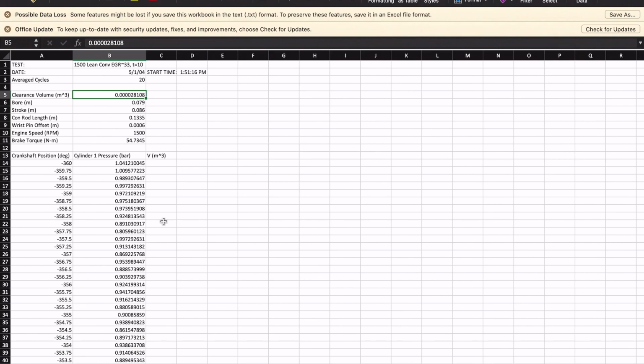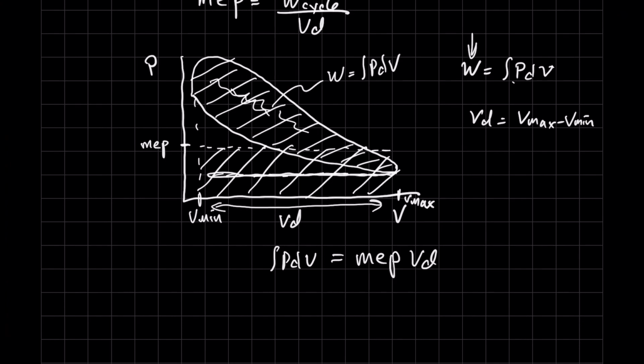All right, so now how do we actually calculate the mean effective pressure from these data, particularly pressure volume data, okay? Well, let's remember how mean effective pressure is defined, right? Mean effective pressure is defined as the work of the cycle divided by the displaced volume, okay? All right, well, I can get displaced volume. That's pretty easy. How do I get the work of the cycle, okay?